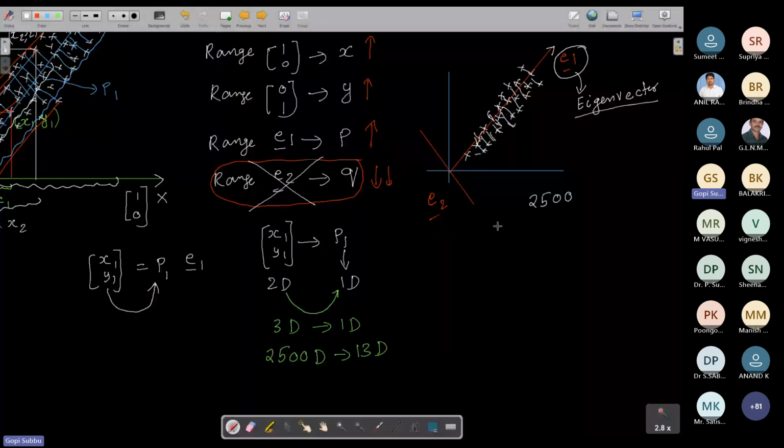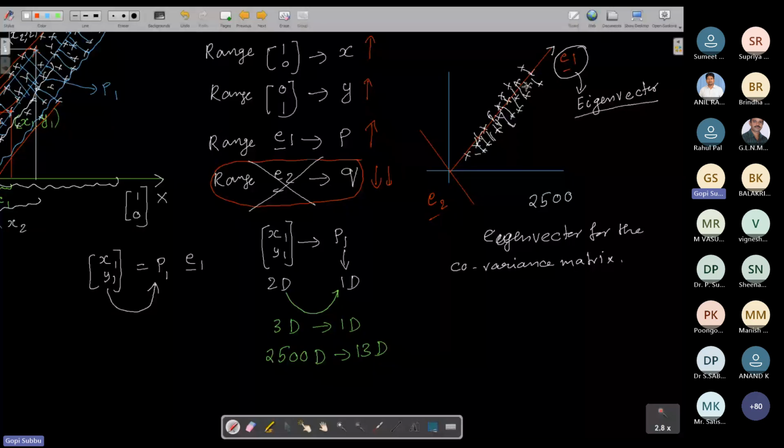So essentially what we did was compute the eigenvectors of the covariance matrix, and we projected the data using those eigenvectors. Strictly speaking, for 2D, we get two eigenvectors, E1 and E2.